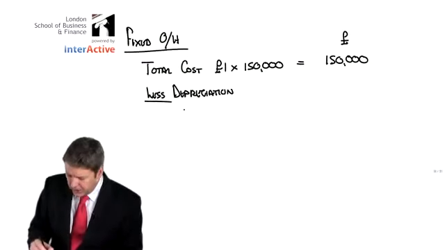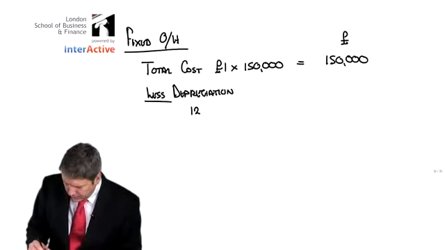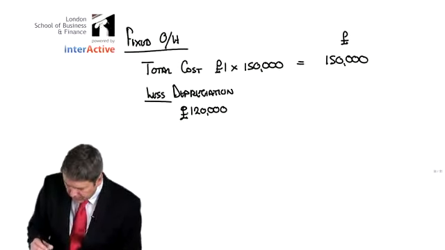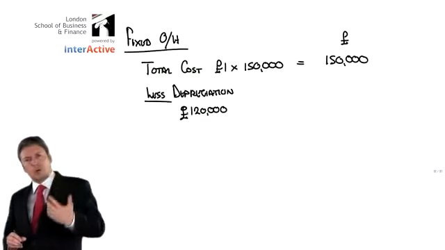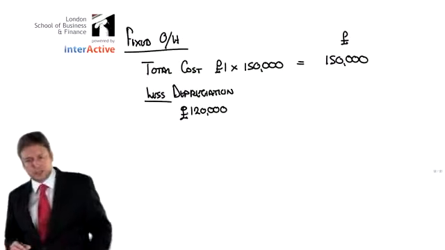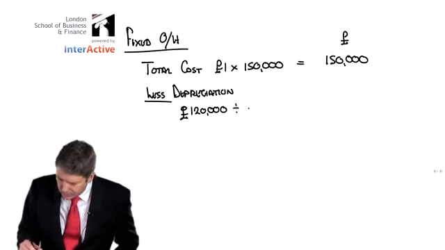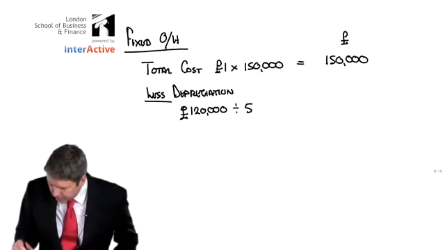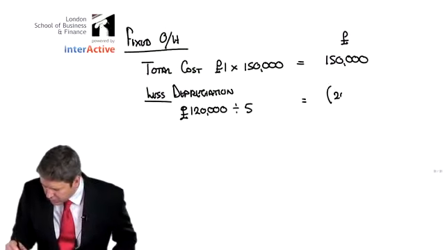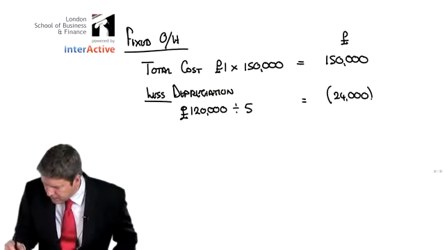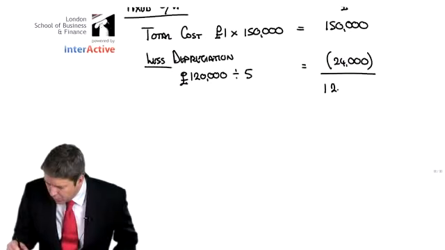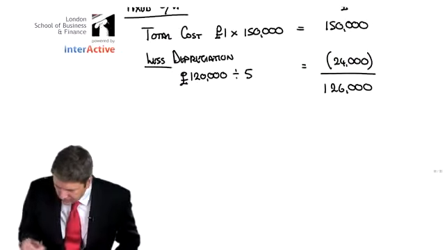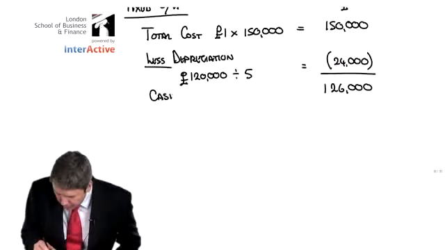So, the depreciation here. We're told that we've got 120,000 of equipment and fittings. No problem. And we're told that it's spread on a straight line basis over 5 years. So couldn't we just divide by 5 and we would say, well, depreciation is going to be 24,000 a year? And if that's the case, we get 126,000. That is our cash flow per annum.